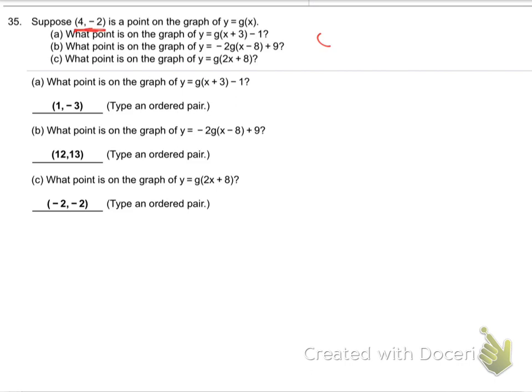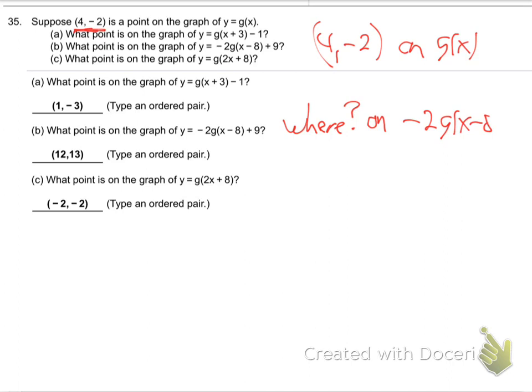So start with 4, negative 2, which is on the normal g of x. And the question is, where does it go to?